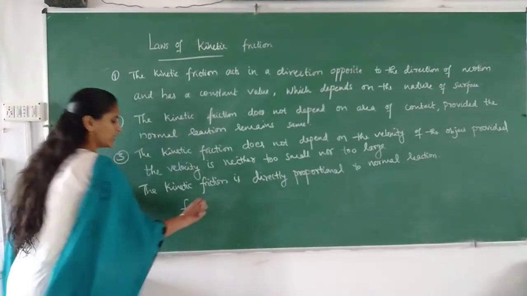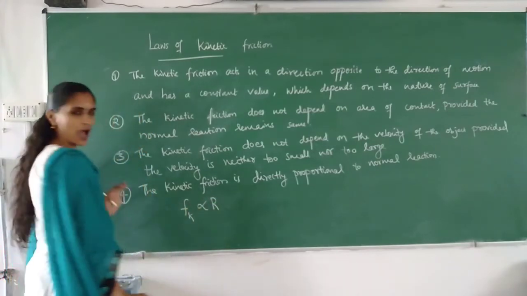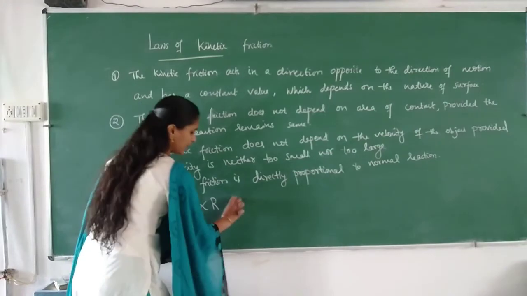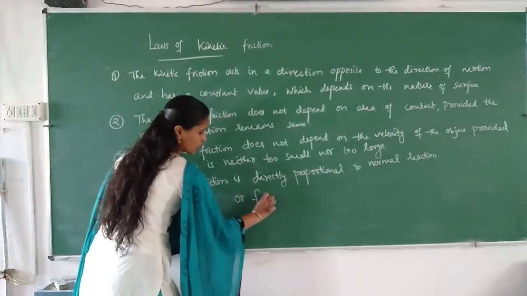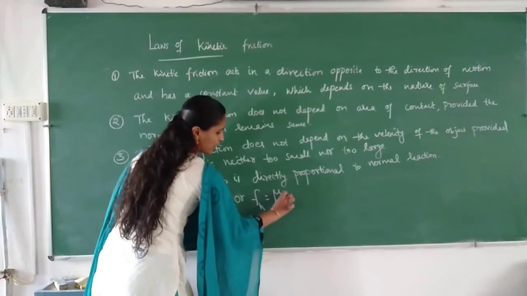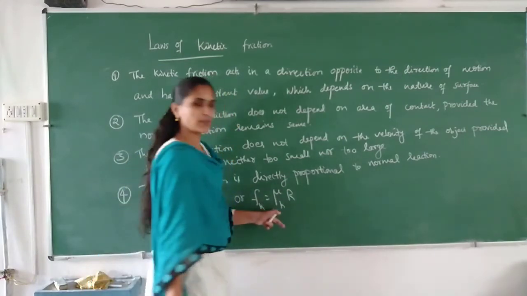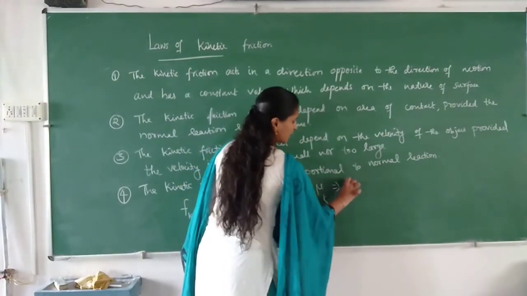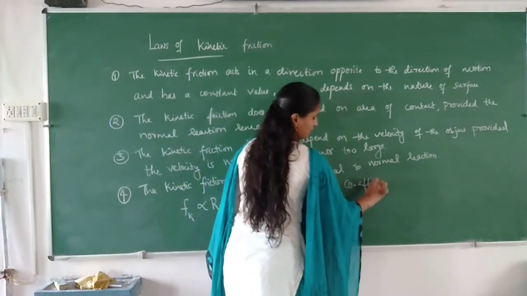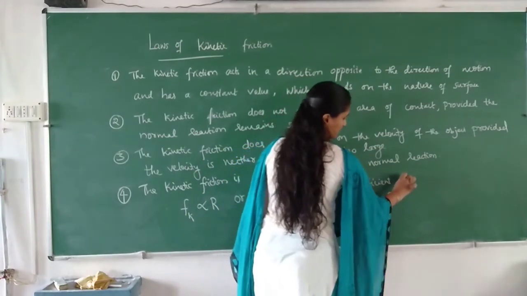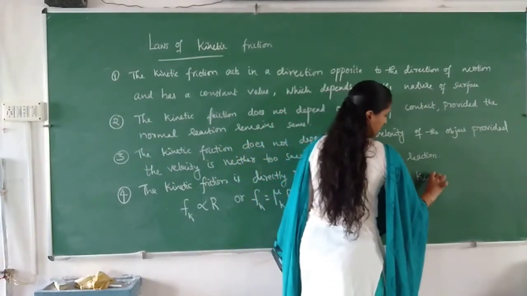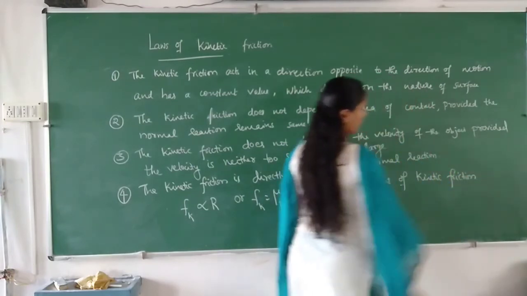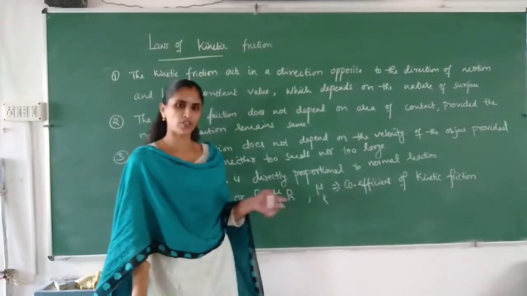Fk is directly proportional to R, where Fk is kinetic friction and R is normal reaction. Or we can write Fk is equal to mu k into R, where mu k is the coefficient of kinetic friction, which depends on the surface.